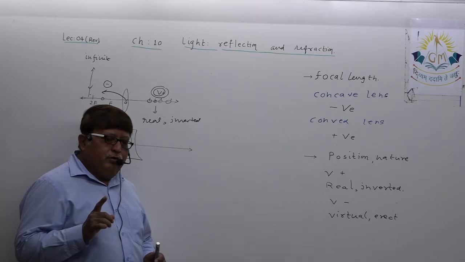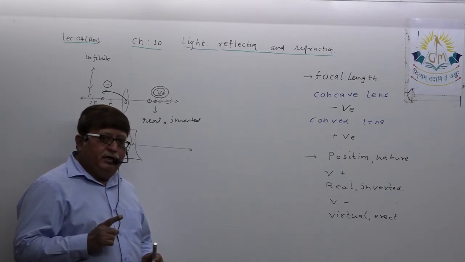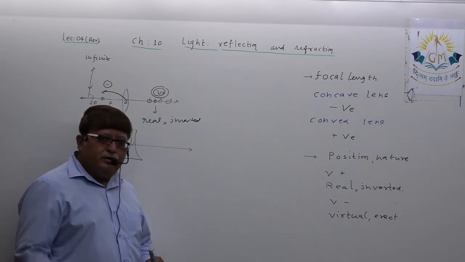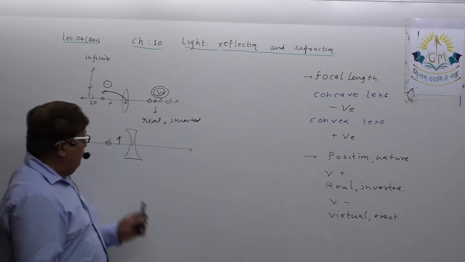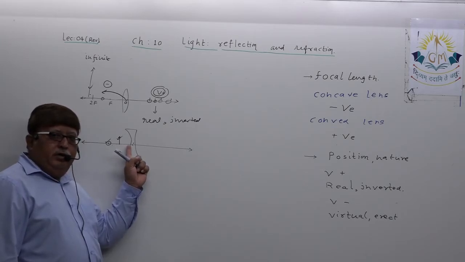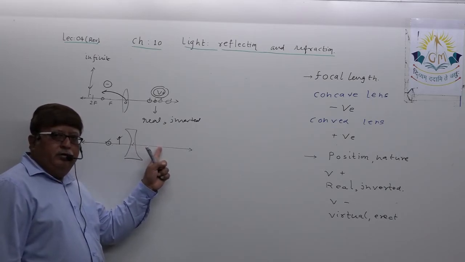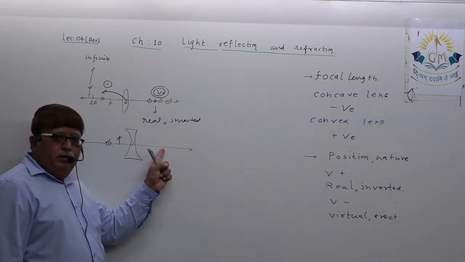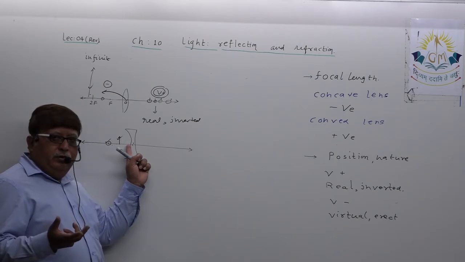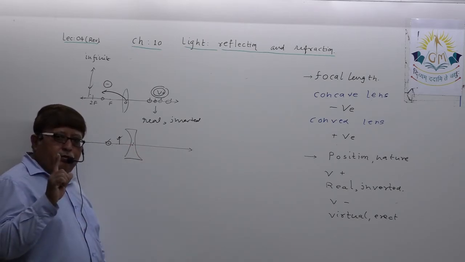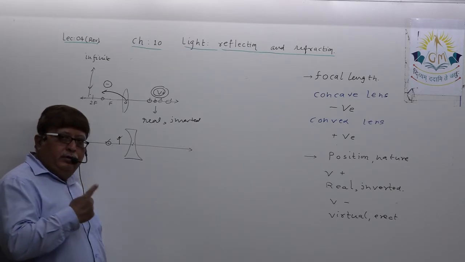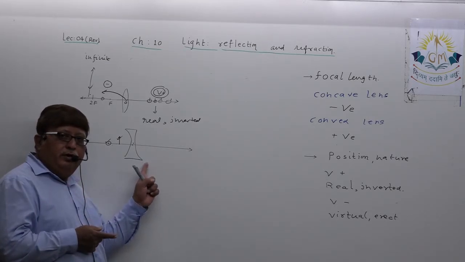These are very important points you need to keep in mind. Whenever you solve any numerical regarding the lens, you have to be very sure regarding this. In case of concave lens, image is never obtained on the right side. Please take note of this. So U is always negative, and V is always negative in case of concave lens.